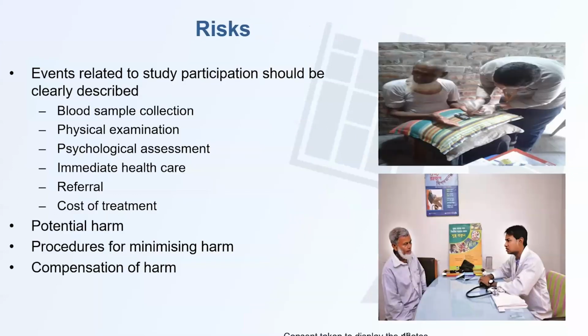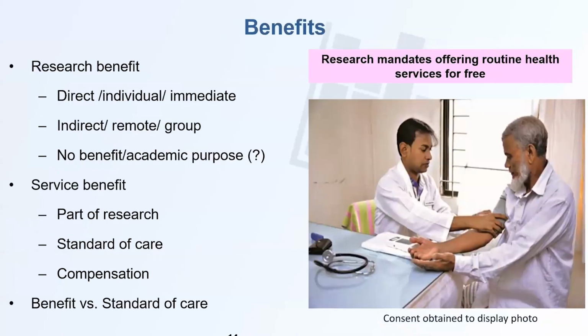Although the risk was really minimal, it was clearly mentioned, because blood samples were collected and physical examinations were done. How referral needs to be done, and that you may have to spend some money from your pocket if needed, everything was provided as complete information.